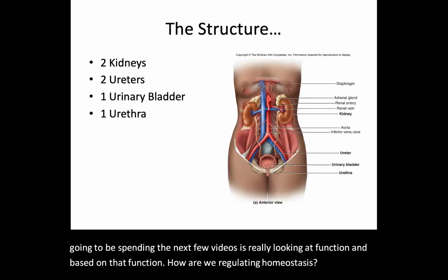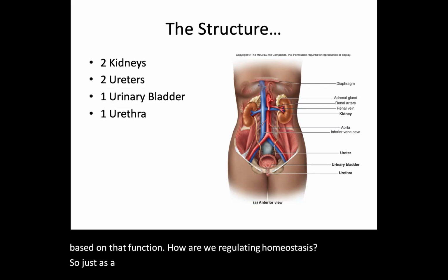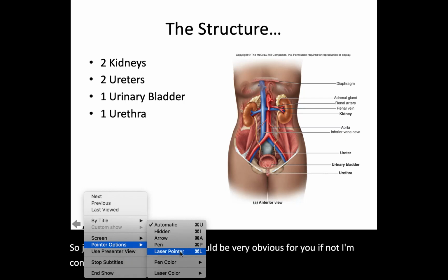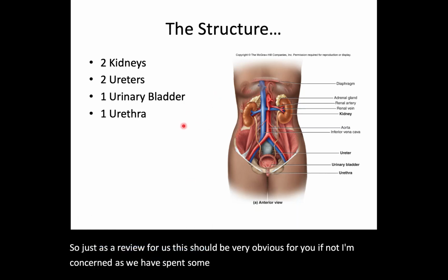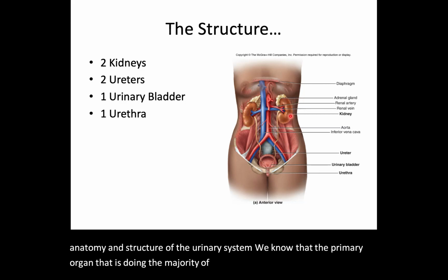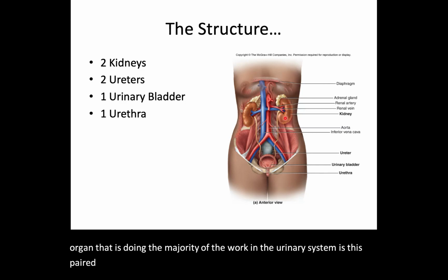Just as a review for us, this should be very obvious for you. If not, I'm concerned, as we have spent some time in lab looking at the overall anatomy and structure of the urinary system. We know that the primary organ doing the majority of the work in the urinary system is this paired structure, which we define as the kidneys.